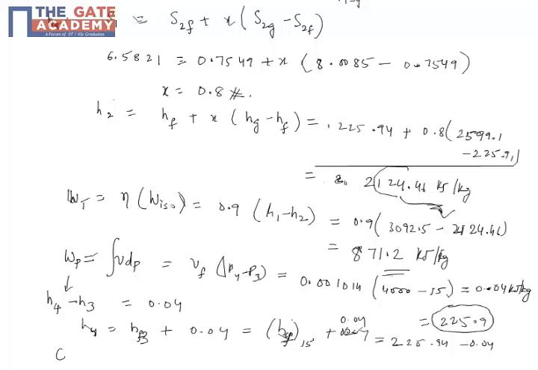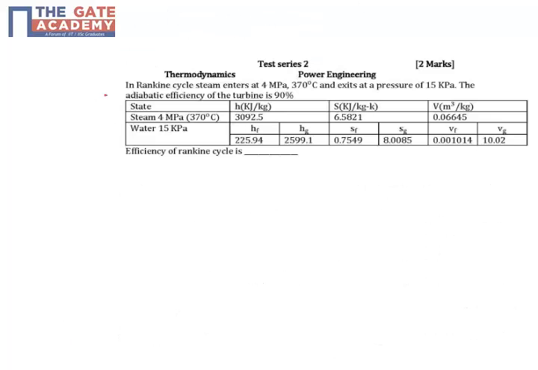Now the heat addition, let me do it on the next page. The Q addition is the heat in the boiler, from 4 to 1, which is H1 minus H4, and H4 we already got just some time back.